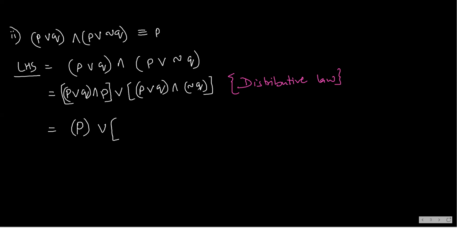Because this is outside negation Q, we will have to use the distributive property. So this is P and negation Q, or Q and negation Q.